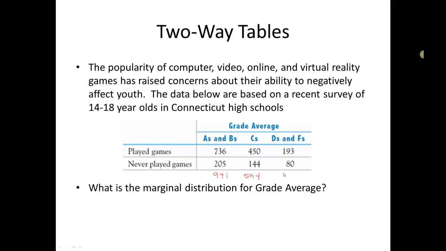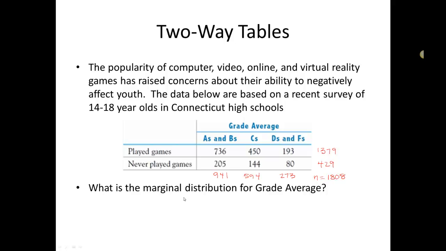And 193 plus 80 is 273. I'm going to do the same thing the other direction across the rows, and I get 1379 for the first row, and adding the second row, I get 429. If I add up all the numbers in the table, that gives me n, or my overall table total, which in this case is 1808.